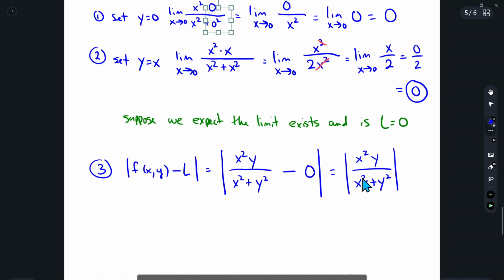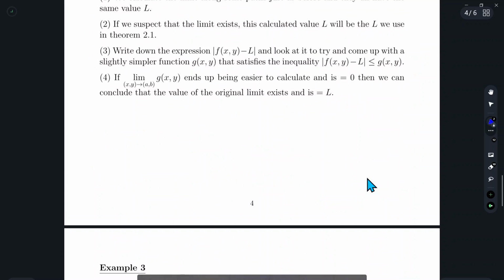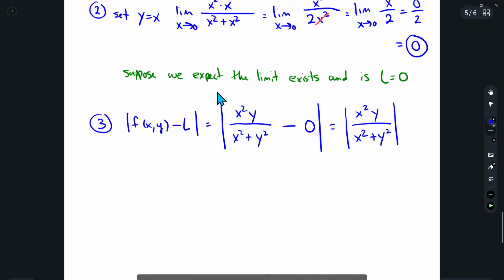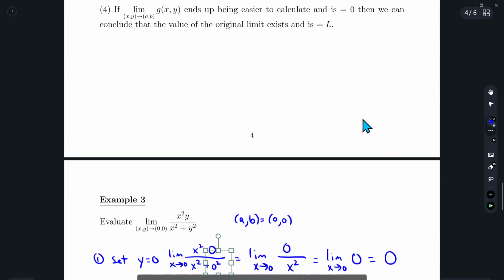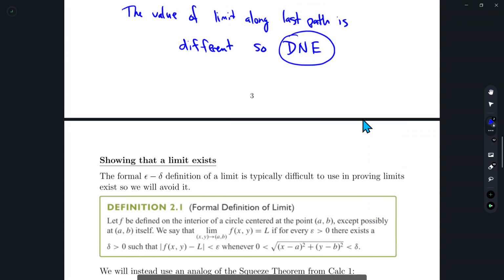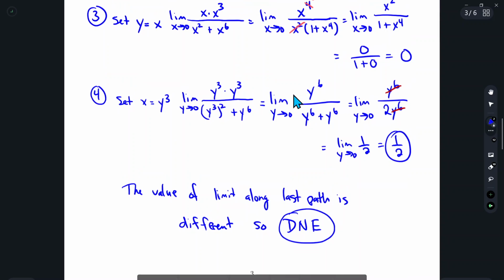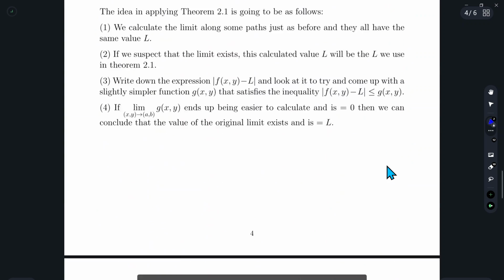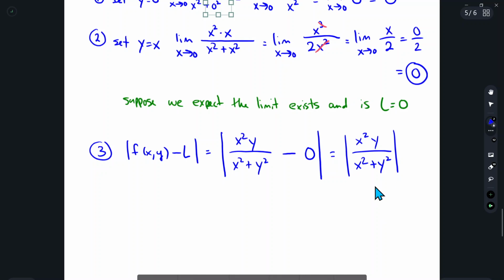How should we proceed from here, right? We have to come up with a simpler function, g of x, y. How do we do that? Let's look at this expression here. One of the key things that we've tried to do previously is somehow reach a point where we can cancel out the variables, right? So how can I reach a point where I can cancel the variables?